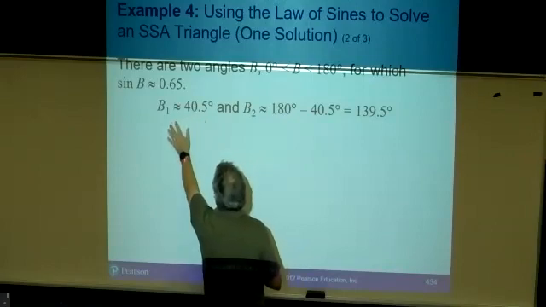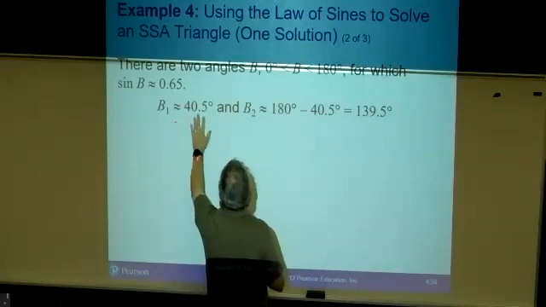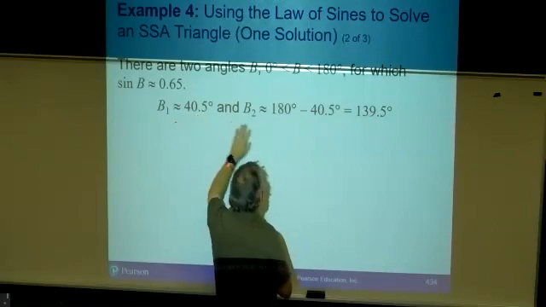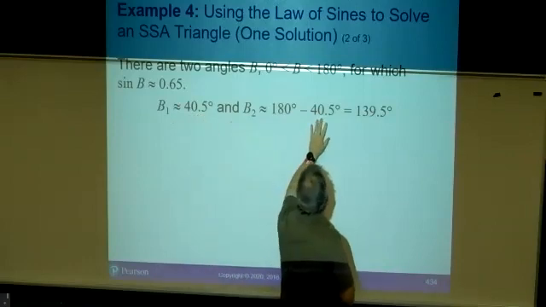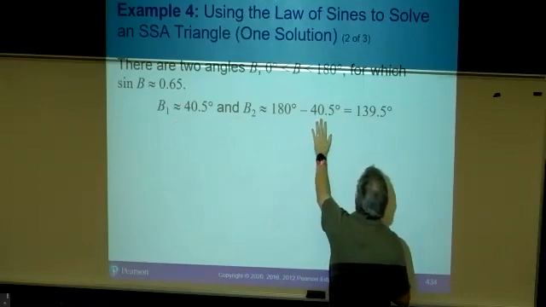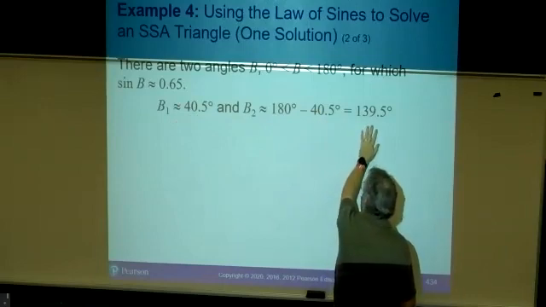And so we're looking at one angle being 40.5 and possibly the other angle, if we do 180 minus 40.5. I don't know why they did it this way.